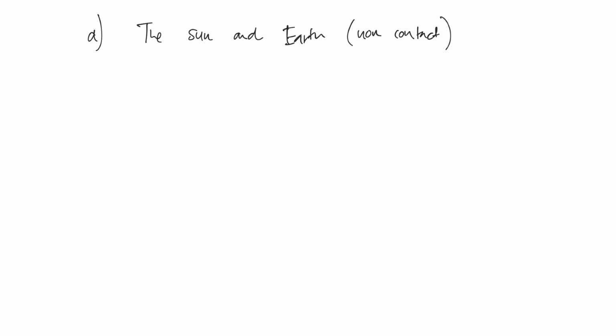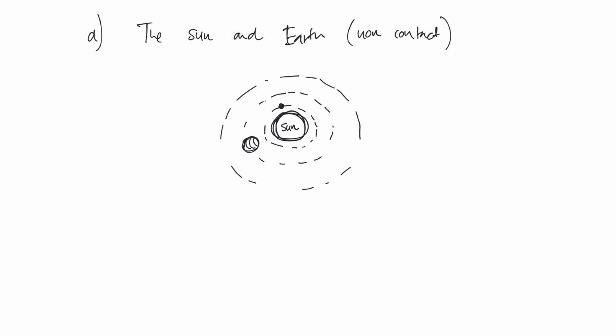So if I have my sun here in the middle, and then I have my planets that are orbiting the sun, and then somewhere in this orbit I've got Earth. Alright, so I've got Earth over there.